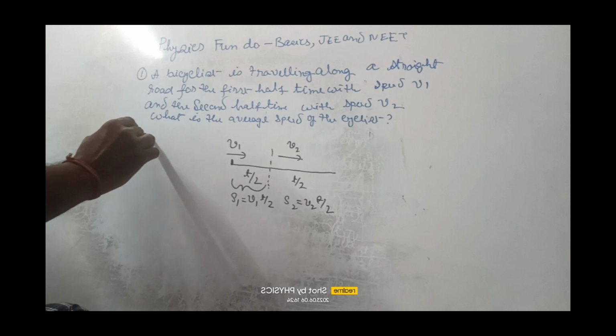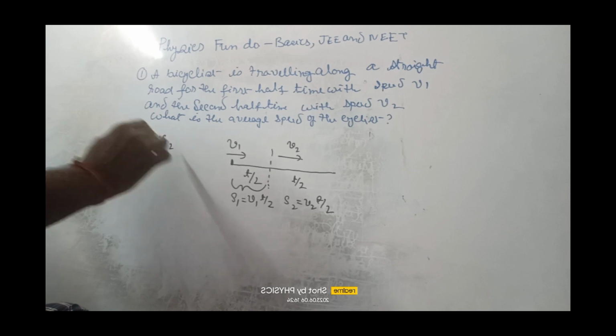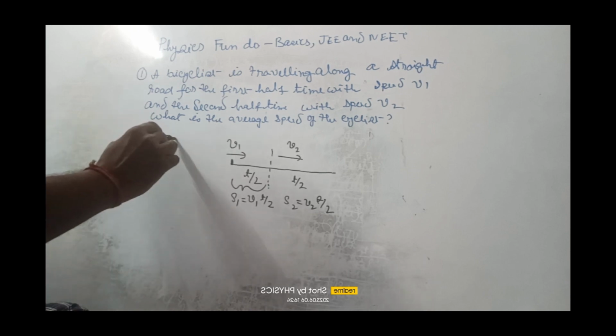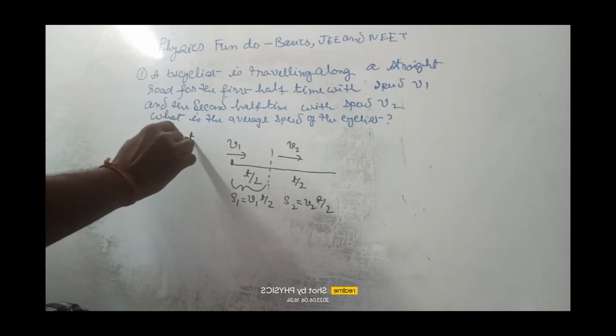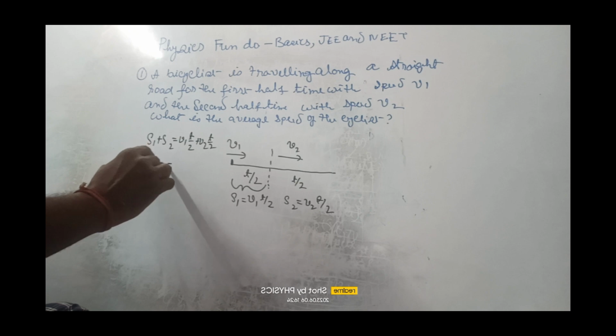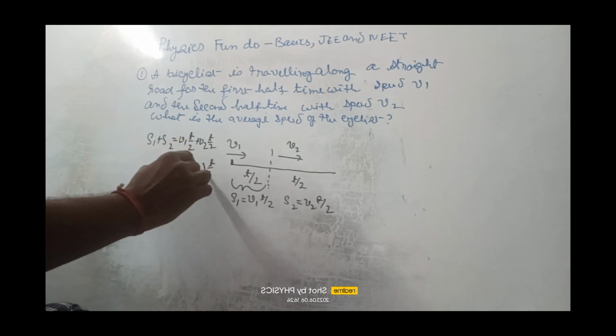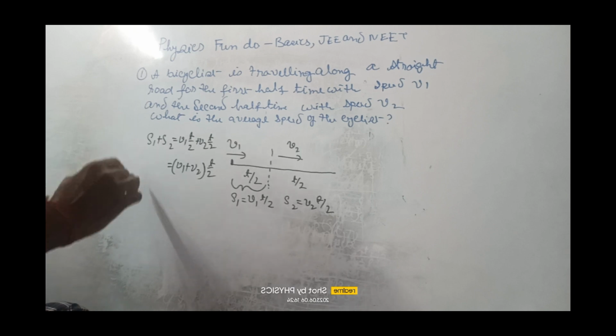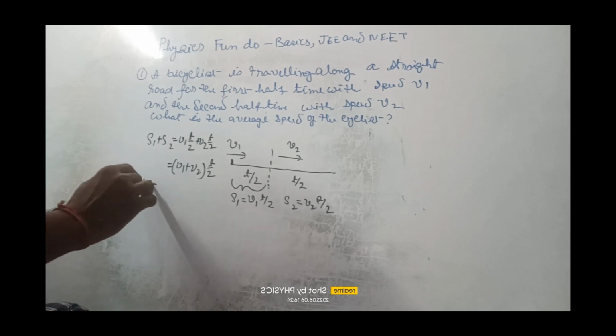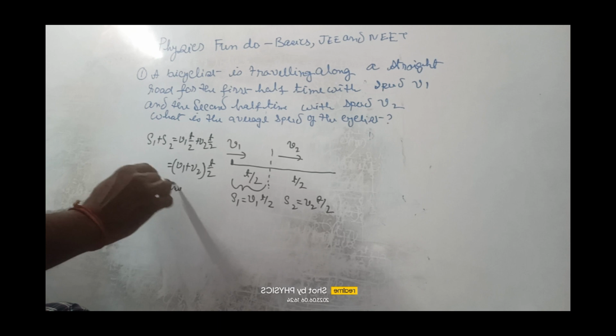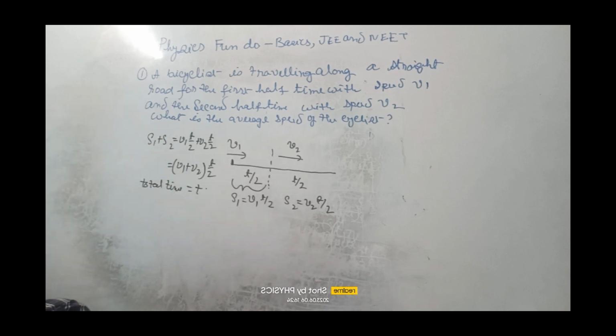So total distance s1 plus s2 is equal to v1 t by 2 plus v2 into t by 2, that is equal to (v1 plus v2) into t by 2, and the total time is t, which is given.